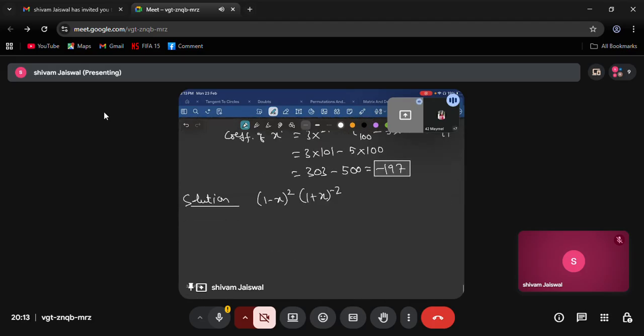So the term independent of x is the first term only, when 1 is multiplied to 1. Otherwise, all are carrying x. So the term independent of x will be equal to 1 into 1, which is 1. Is it clear, everyone? Tell me.